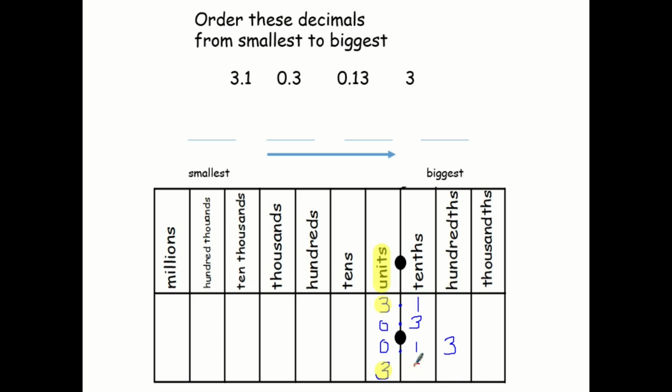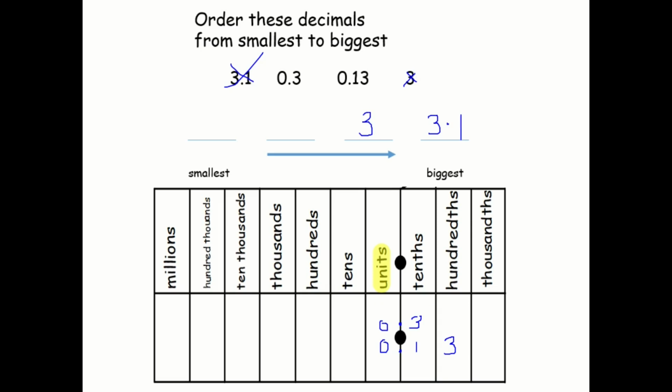We can put a 0.0 here, okay? So we've got 3.1 and 3.0. So 3.1 is going to be the biggest there. 3.1. And I can cross that out. And then 3 is just a bit smaller than that, which will go there. Okay, so I've now eliminated those.